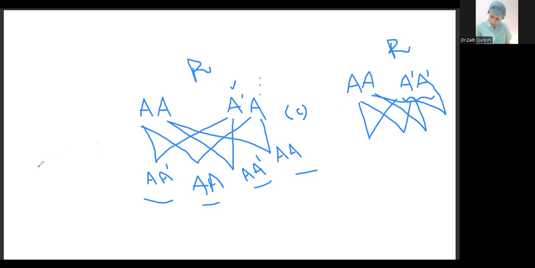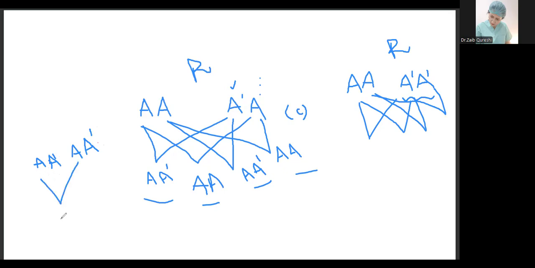Then there is another situation in which both of the parents are carriers. When both of the parents are carriers of the disease, what's going to happen? 100% carriers when one parent is homozygous for the disease. And if both are carriers, this mother is a carrier, this father is a carrier, then what's going to happen?